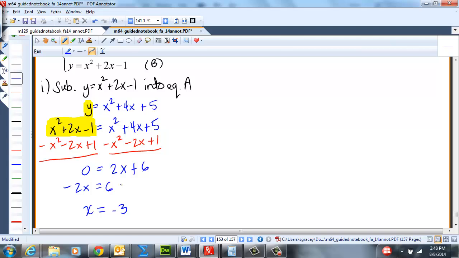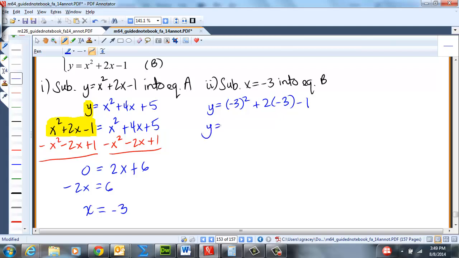So the next step, substitute x equals negative 3 into equation, I guess we could just do equation B. So we'll have y equals negative 3 squared plus 2 times negative 3 minus 1. By the way, I had x was equal to negative 3. You know what? Let me write the original equation I'm using up top so you don't get confused.